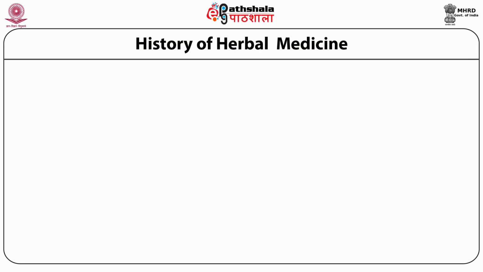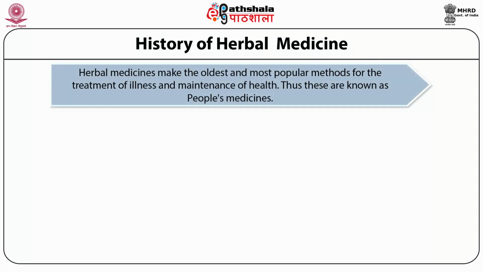Continuing with the current status of herbal medicines, let me tell you that herbal medicines make the most popular as well as the oldest method of treatment of illness and maintenance of health. Thus, it is rightly known as people's medicine.